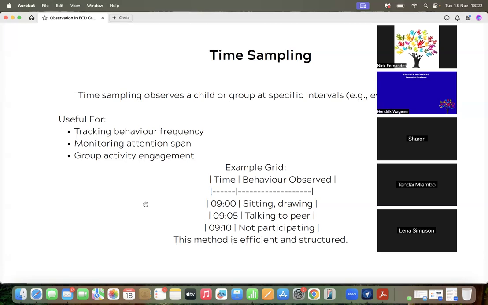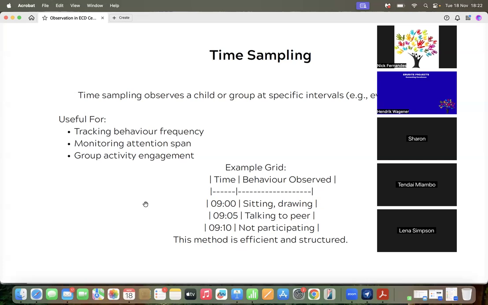This is very good to track behavior, attention span, and it also helps with group activity engagement. So this also helps them to communicate in a group, settle as a group, and develop social skills. So this is not just for you to gather information about the child or that specific group, but it also has a benefit towards the children.